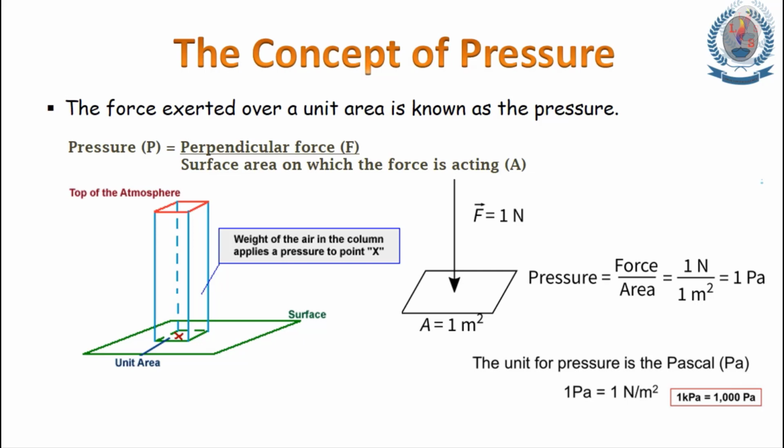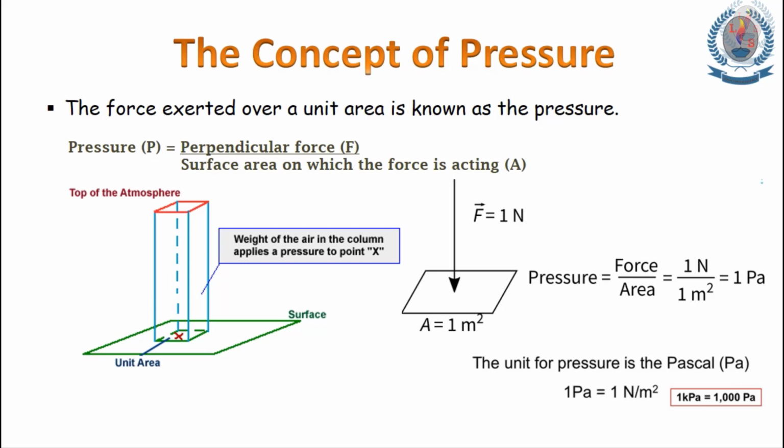They are the perpendicular force and the surface area on which the force is acting. You can see here I have used F for force and A for surface area. P symbolizes pressure.